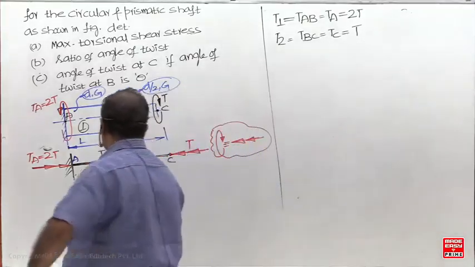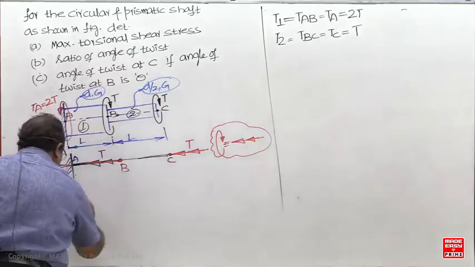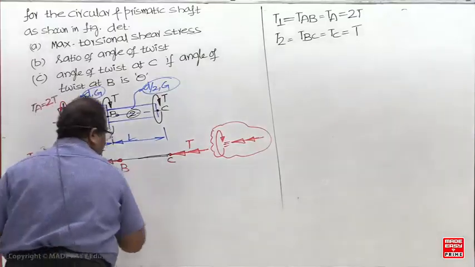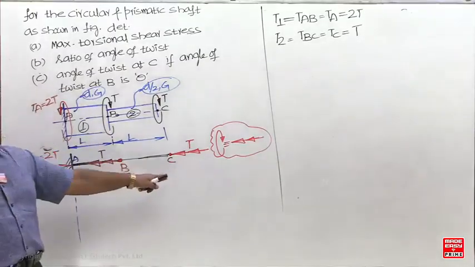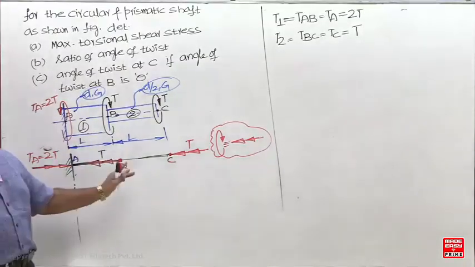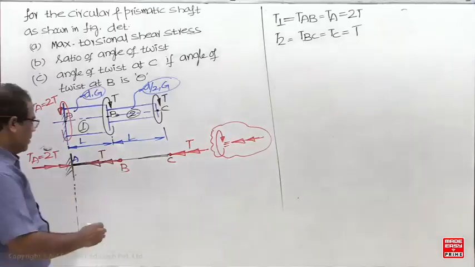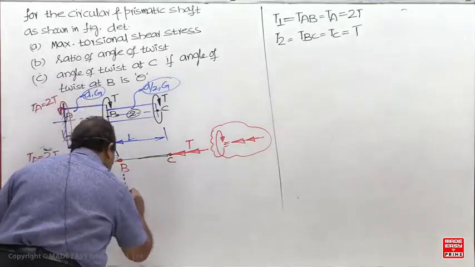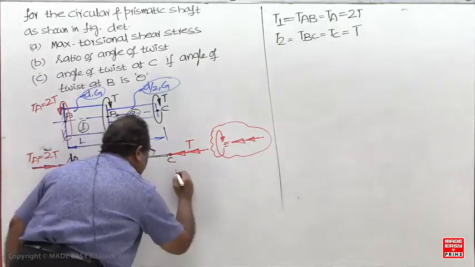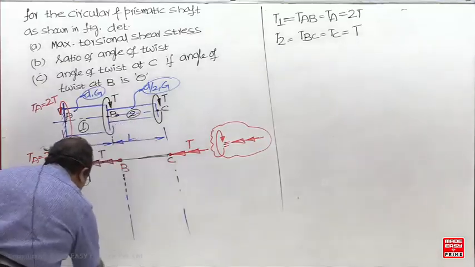If anybody wants to draw the torque diagram, what is the torque diagram here? Same as the ALD once you convert into double arrowhead, the same problem, same concept. I am drawing the torque diagram here now.